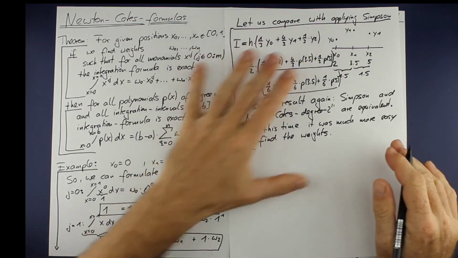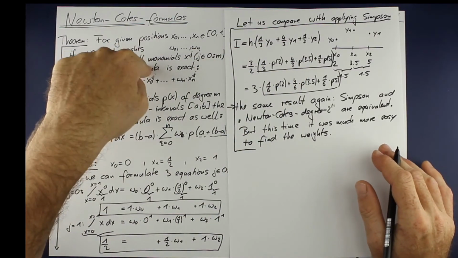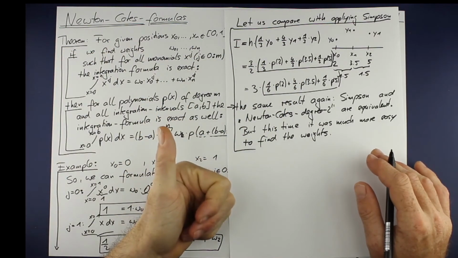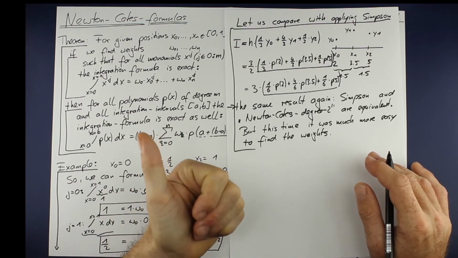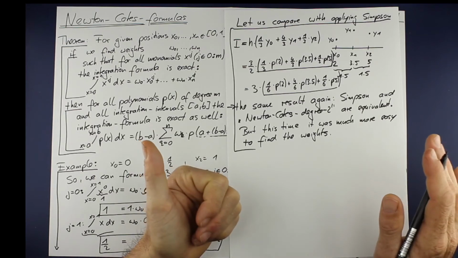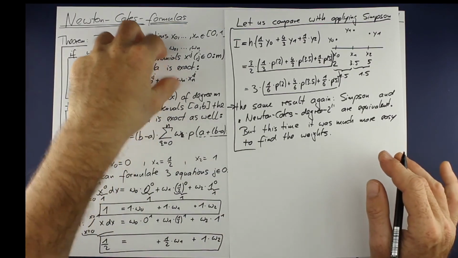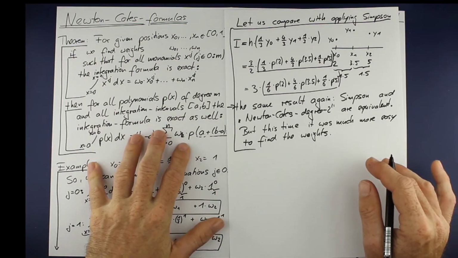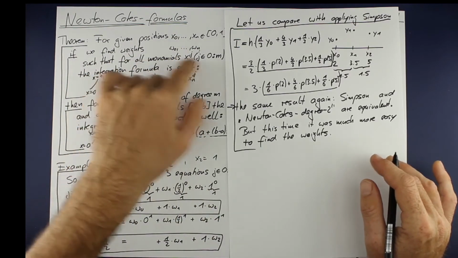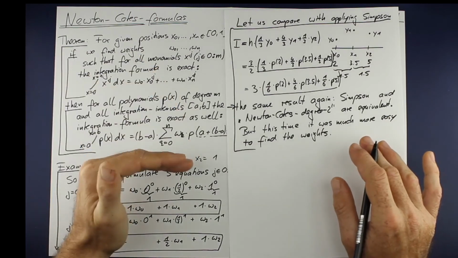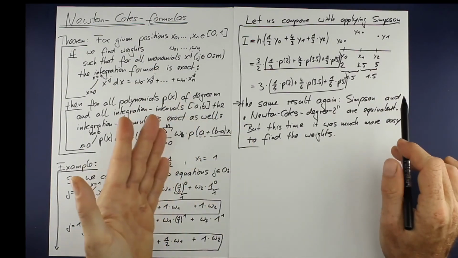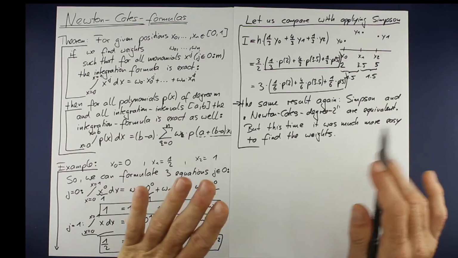Please keep in mind we have 2 steps. First, find the weights, but finding the weights has to be done only once in mankind's history. And if we have the weights, then we can apply. Applying it, Simpson and Newton-Cotes is the same.